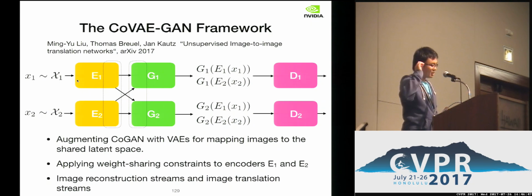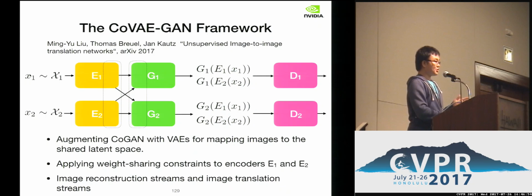Through this architecture, you can do image translation in this way. For input image S1, you map to a latent code. And because you apply weight sharing here, you map them to the shared latent space. This shared latent space can go to G1 or G2. When it goes to G1, you basically do image reconstruction, right? It's a VAE, so you want to make sure the output image reconstructs the input image.